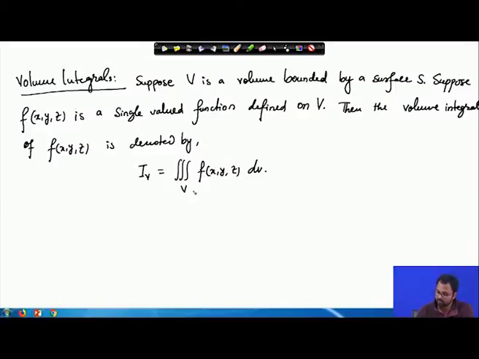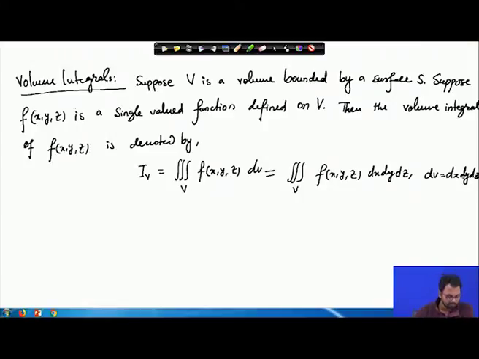If we divide this V into sub volumes, then on one of those sub volumes we can take the length, breadth and height as dx, dy and dz. That is the volume element. So this can be written as the integral over the volume V of f(x, y, z) dx dy dz, which is our dV.